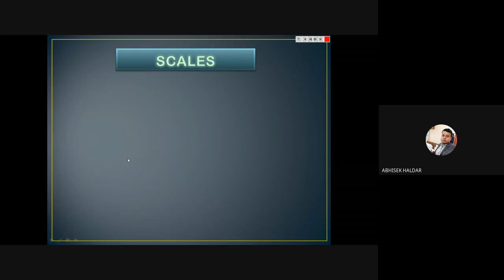Centimeter or inch are the units that are graduated on the surface of that scale. But that type of scale is basically known as your plain scale. Whenever you are using a plain scale, different types of scales are there, I'll show you. But what is the importance of this scale to learn over here?